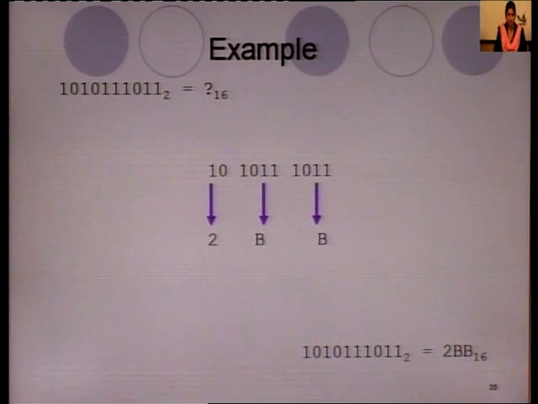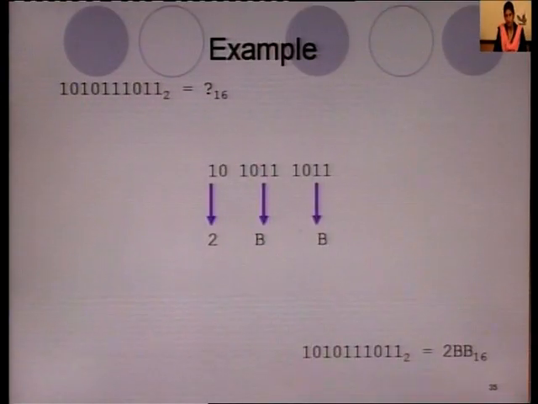First we will make groups starting from the rightmost bits, groups of 4 bits. The first group will be 1011, the second group will be 1011 and the third group is 10. We can add 2 zeros to the left side of the last group.